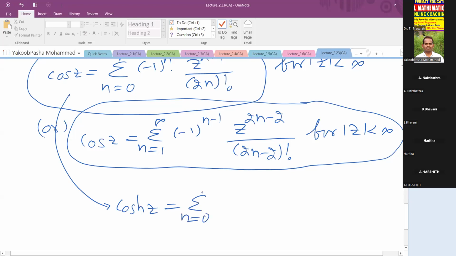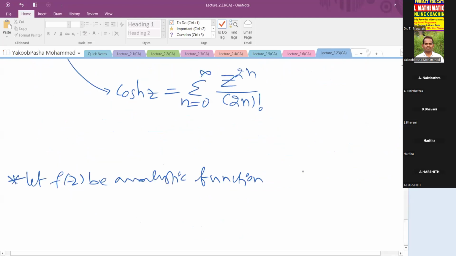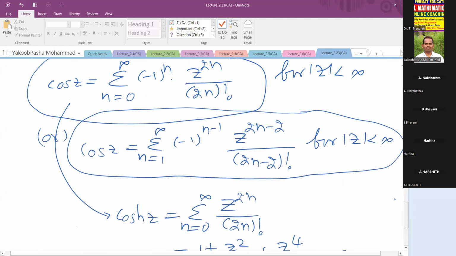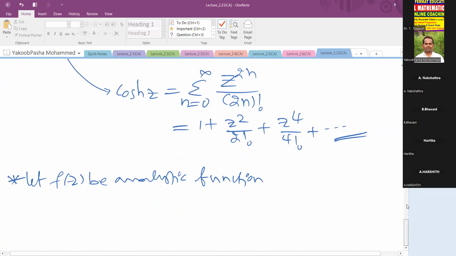That means summation n equal to 0 to infinity, remove minus 1 to the power of n, z power 2n divided by 2n factorial. Expanding 2n factorial is enough. What you have to remember is that there are just positive terms. The first term is 1 for n equal to 0, second term z square by 2 factorial, third term z power 4 by 4 factorial plus and so on. Only positive terms, whereas in the trigonometric function there are positive and negative terms. Remember it like this.